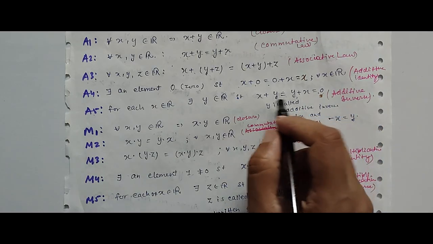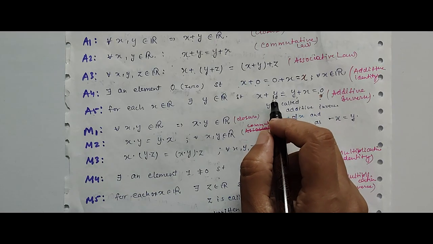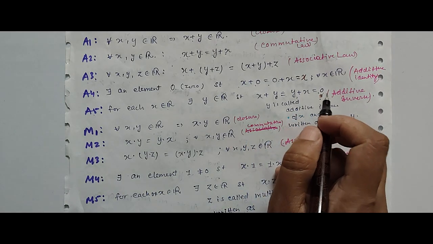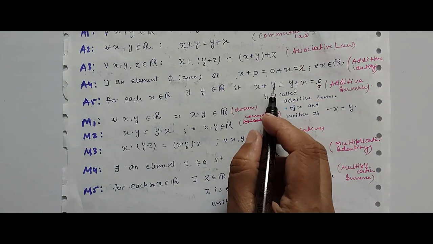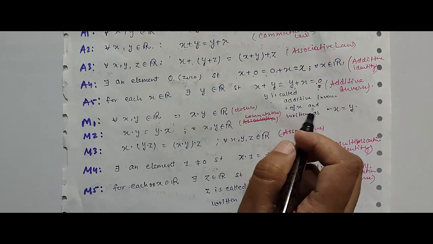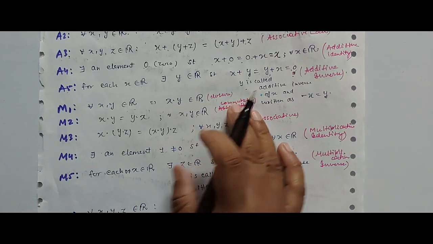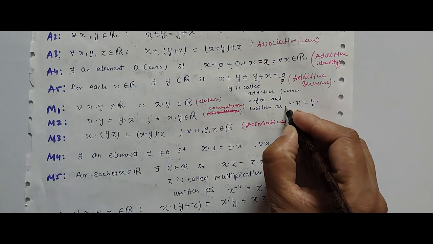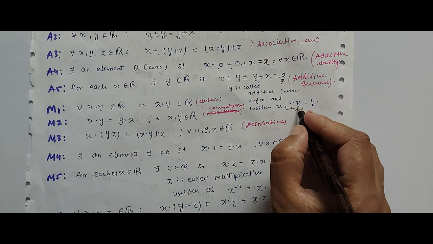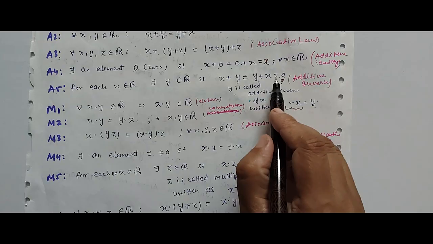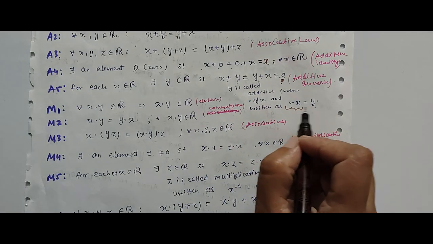If we get the additive identity by adding the element y from either side, then the element y is called the additive inverse of x. And what is the notation for this additive inverse? It is minus x, and we denote that the additive inverse of x is y.